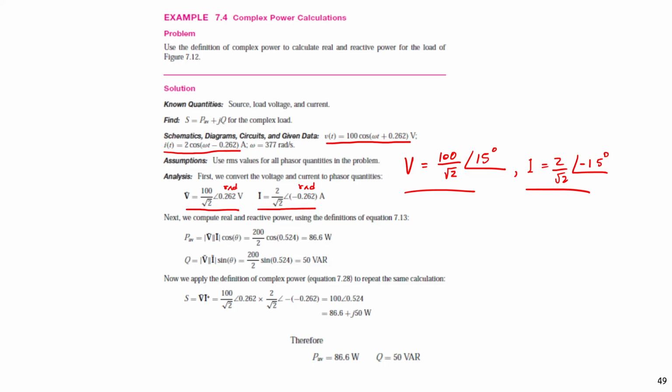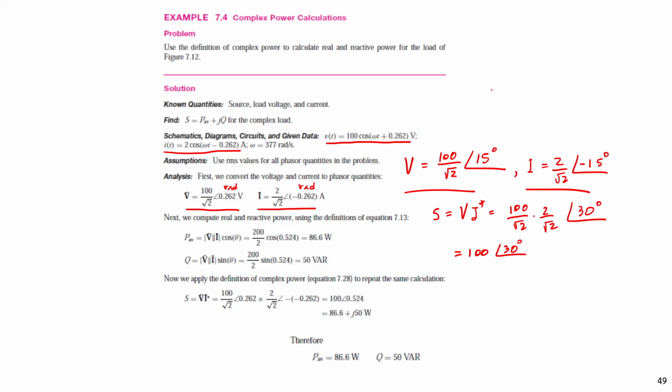So the complex value S is V I conjugate, right? Then we get 100 by root 2 into 2 by root 2 with 15 plus 15, right? It's 30 degrees, yeah. And then it is equal to 100 with 30 degrees.